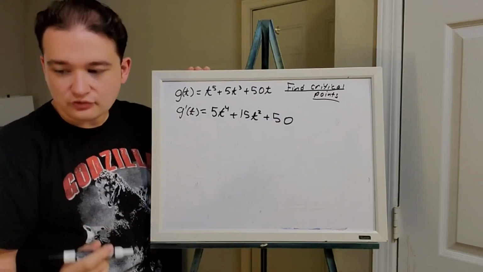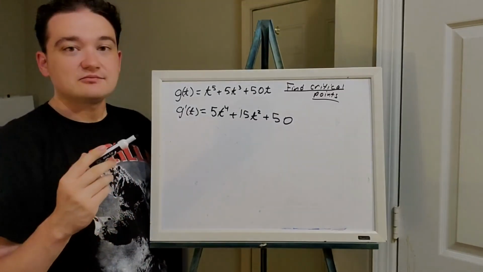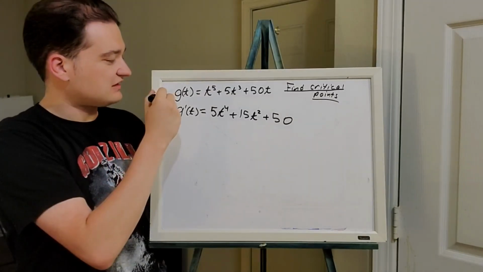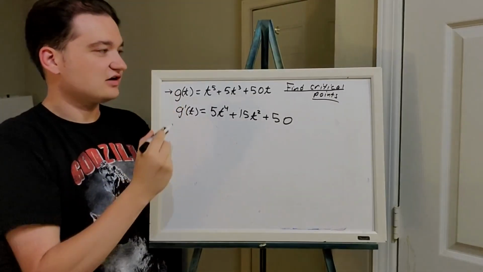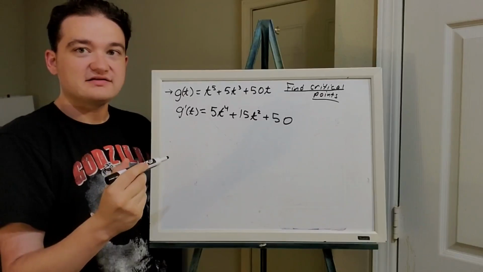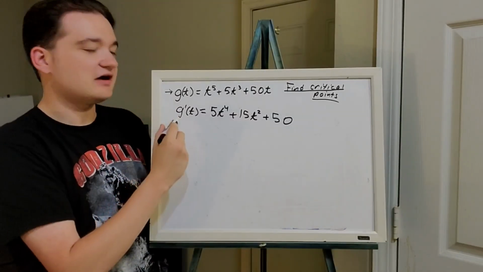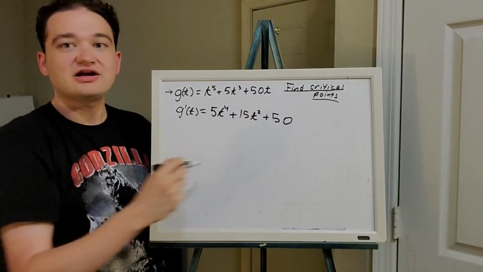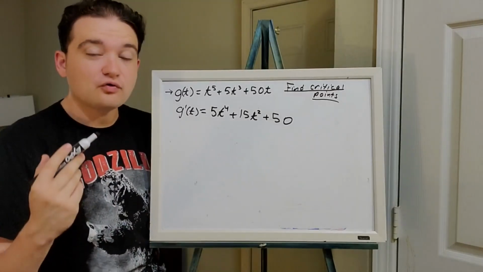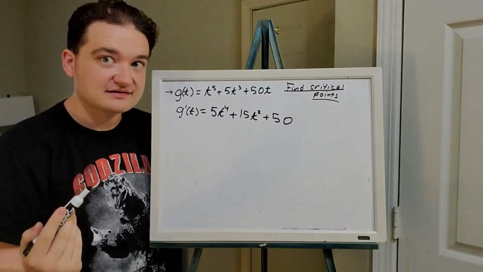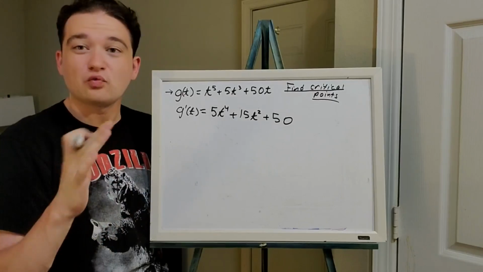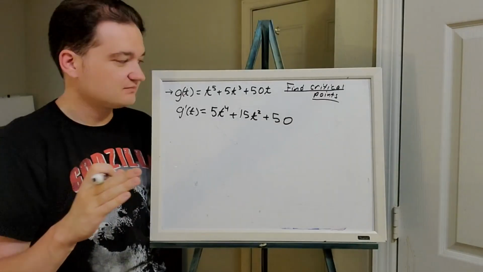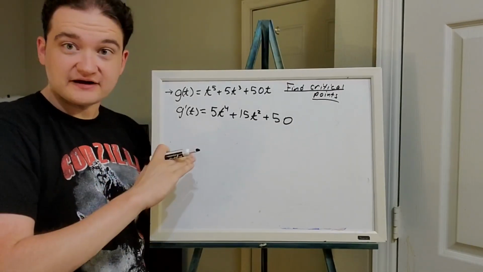Cool. Now, again, we want to find the critical points of this function right here. Critical points are places where the derivative of this function, so that's this one right here, equals 0 or does not exist. And we'll talk about why those matter for a later problem, but right here, we just need to find them.